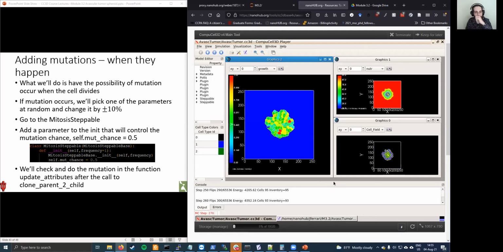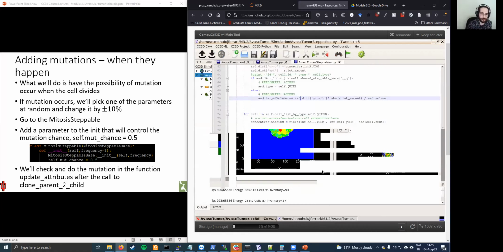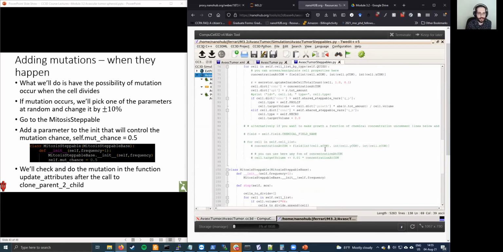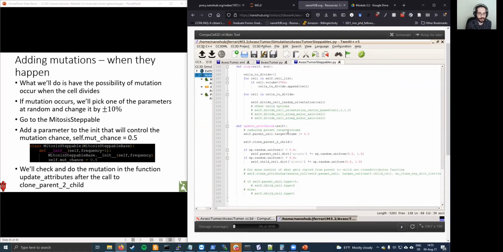Yep. Let me go back to the code. So I went all the way down to the mitosis steppable in the update attributes. After we clone everything from the parent to the child, I'm giving the parent a 90% chance of mutation and the child a 90% chance of mutation.